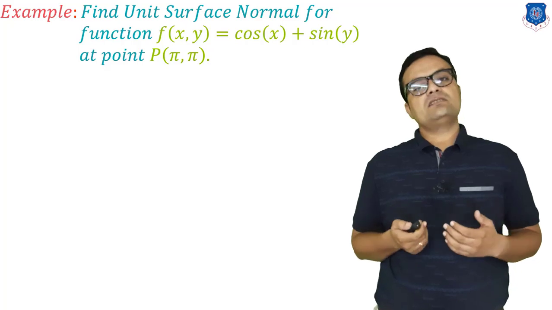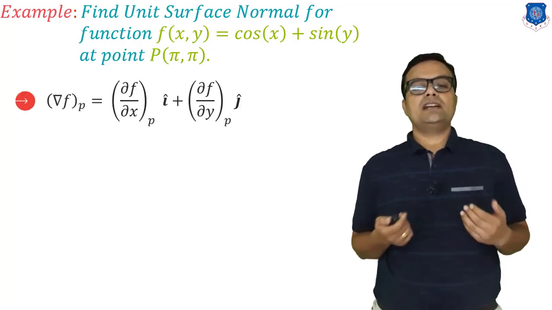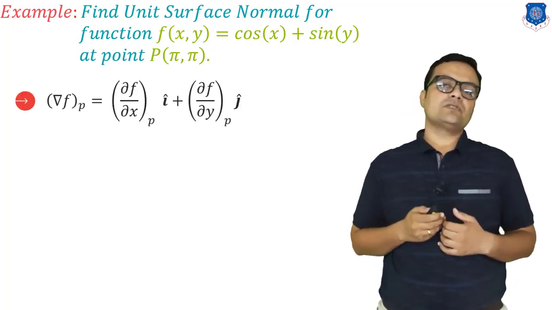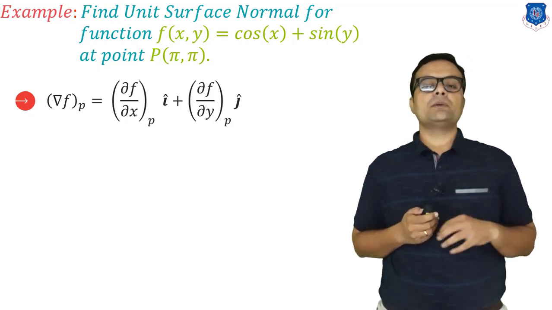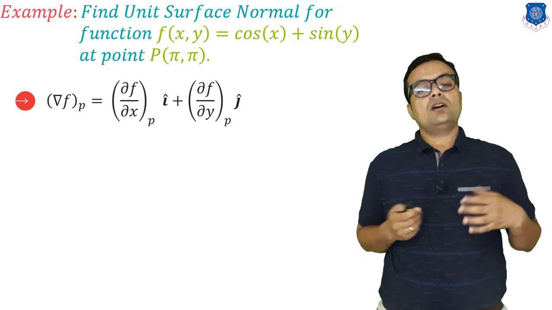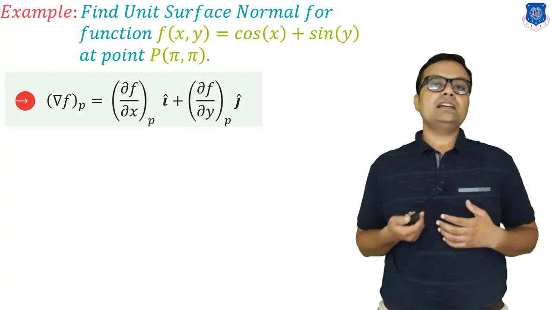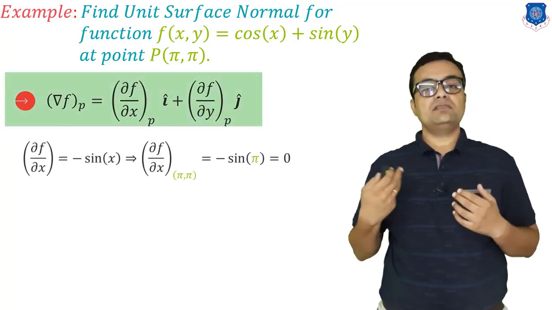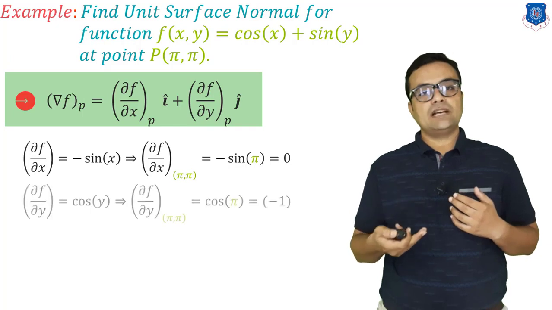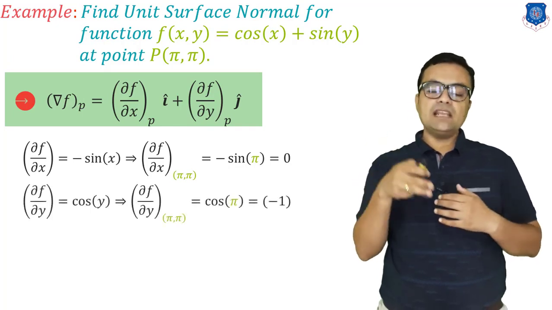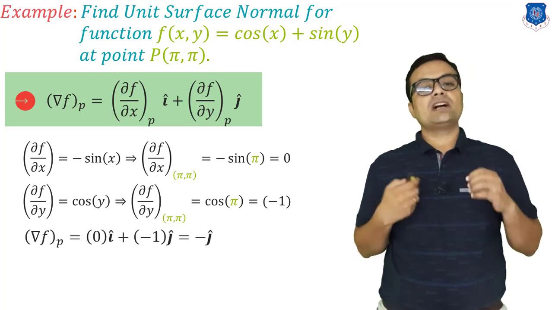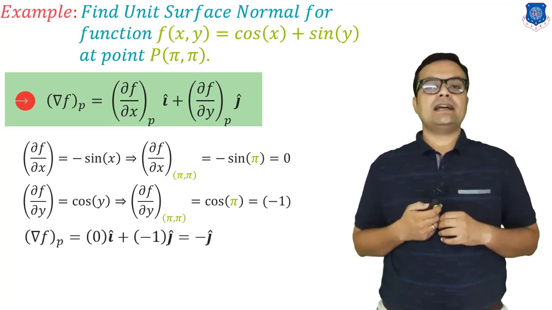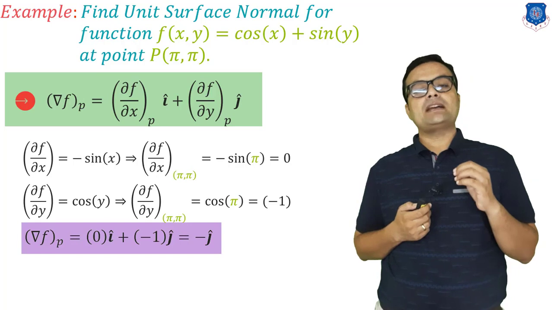Now let us consider one example to understand the whole idea of gradient. If I consider the surface cos x plus sin y, and fix the point in the domain given by P(pi, pi), how can I find its gradient? The ingredients for the gradient are the partial derivatives of the function with respect to x and with respect to y. Taking input of the point (pi, pi), it gives me the final value of the gradient at this point as minus j.